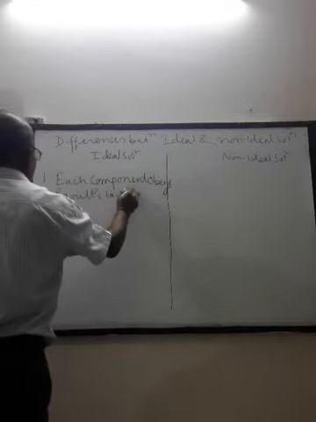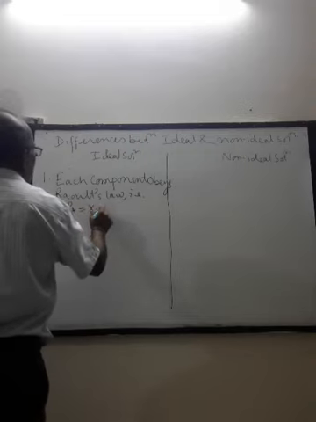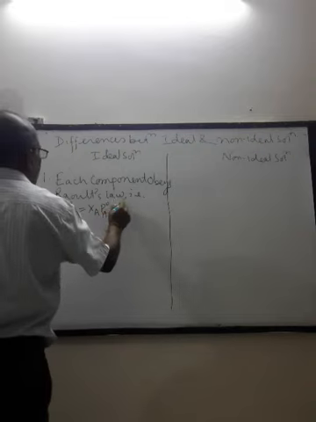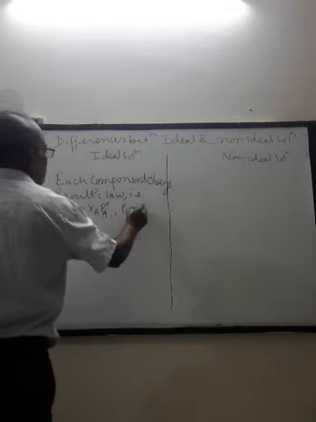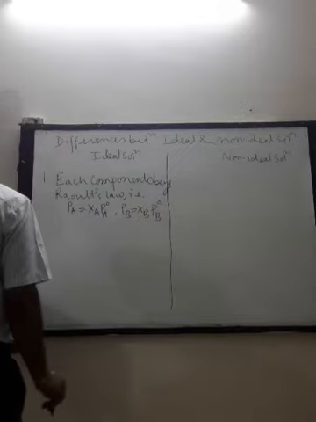That is, PA equal to XA PA naught, and PB equal to XB PB naught. So this is first point.